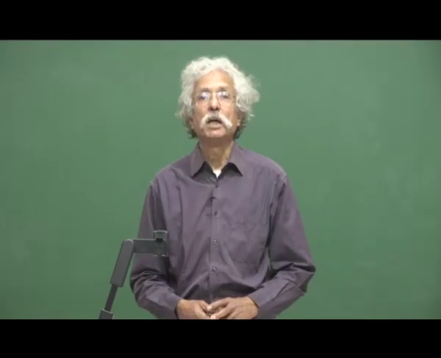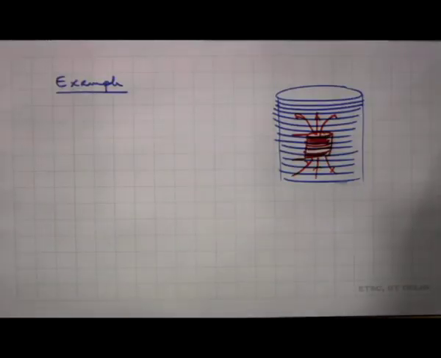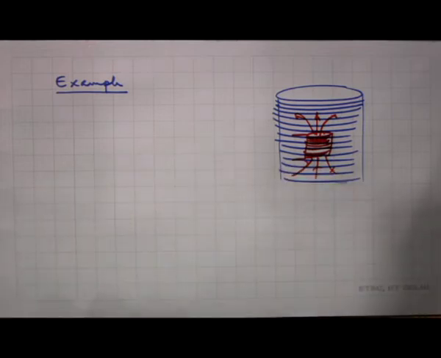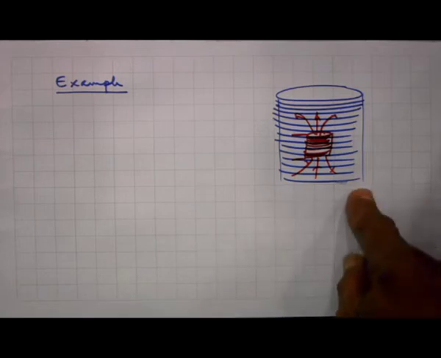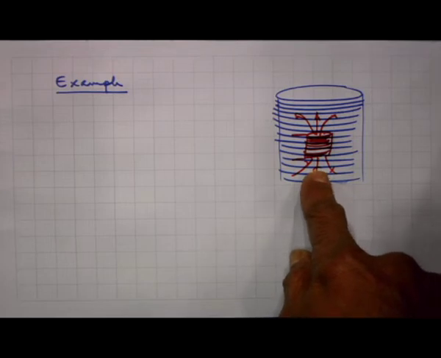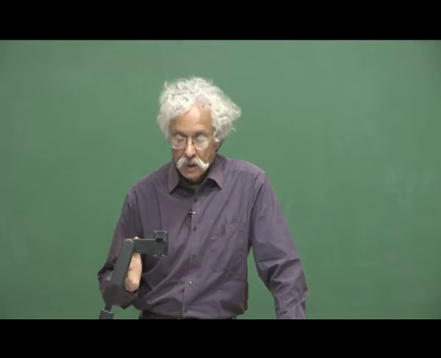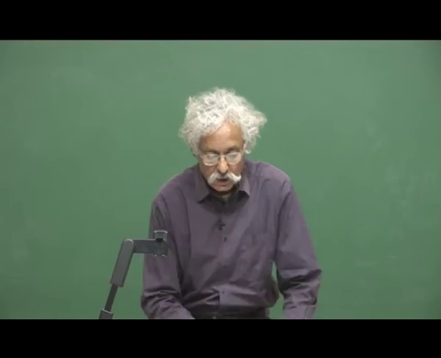So, this becomes a very complicated problem, but I can use this relationship that M12 is equal to M21, and I will get the same result if I pass the same current through the outer solenoid and calculate the flux enclosed by the inner solenoid, because that is much easier.